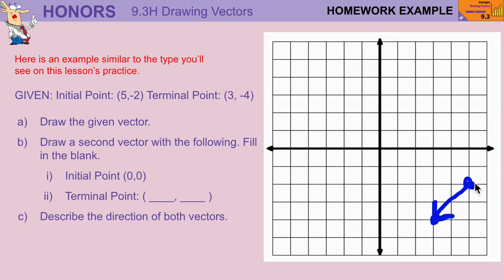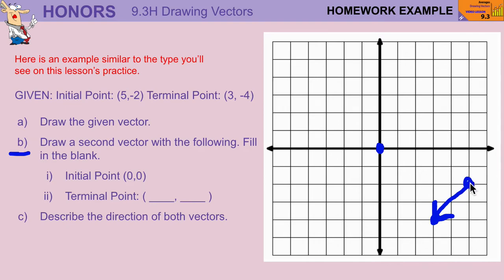You will have an online tool for the homework. Just remember how to use that. It should work just fine. Now the next part is we're going to draw a second vector with the following information. Starting at the origin, the initial point is (0, 0). Then for the terminal point, we have to know the direction that the first one went.